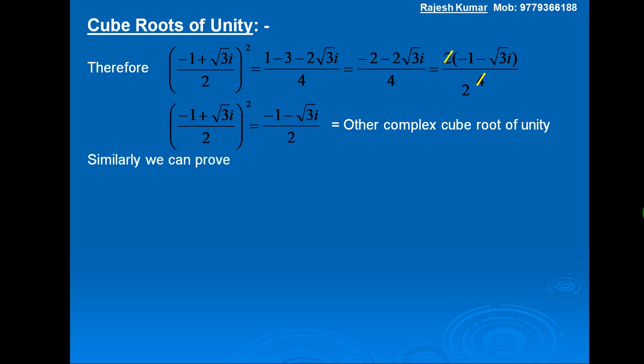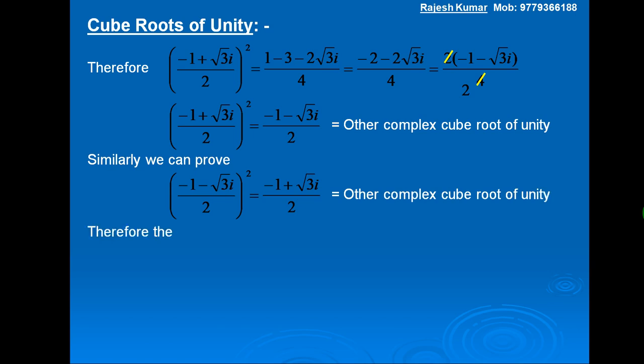Similarly, we can prove whole square of (minus 1 minus under root 3 iota upon 2) is equal to minus 1 plus under root 3 iota upon 2, which is equal to the other complex cube root of unity. Therefore, the complex cube roots of unity are squares of each other.